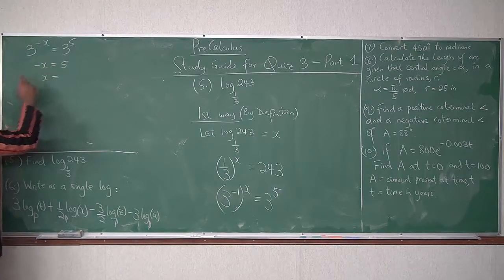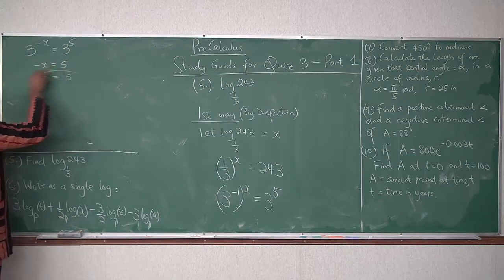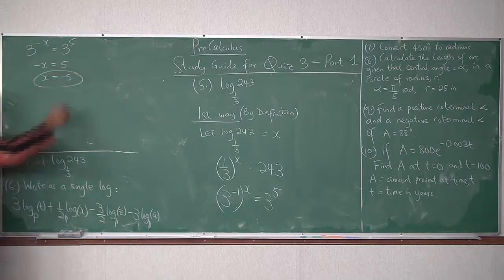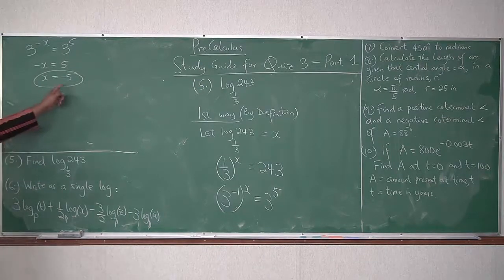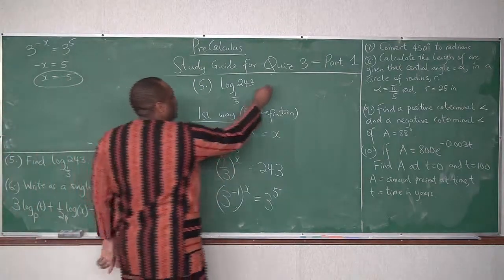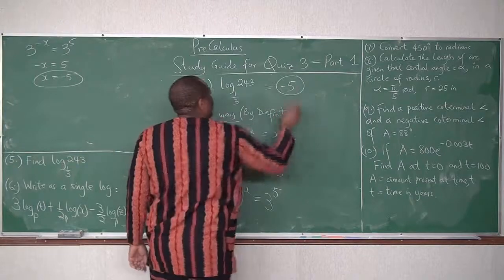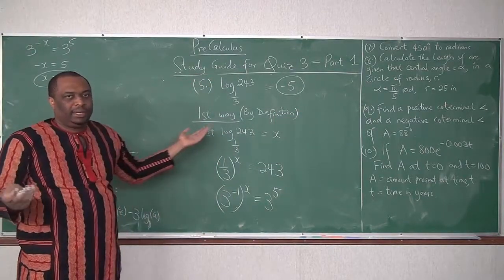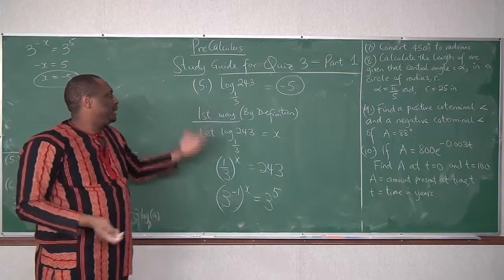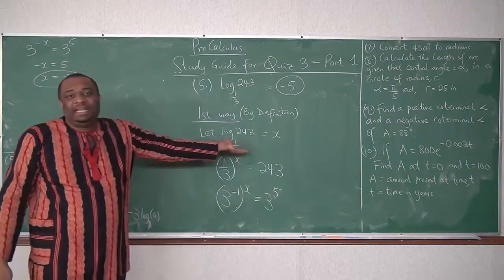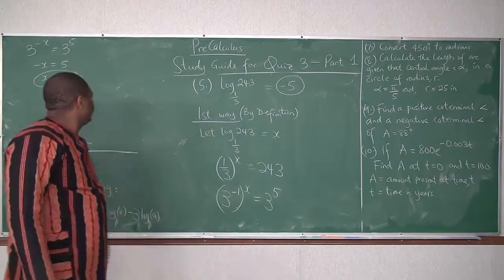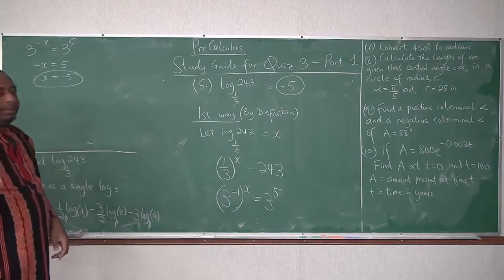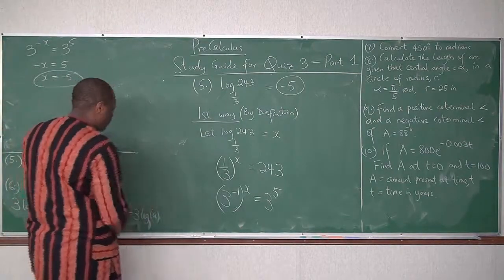So divide both sides by negative 1. X is negative 5. So this is equal to negative 5. Because this is not an equation, you don't need to check it. But this is the first way of doing it.